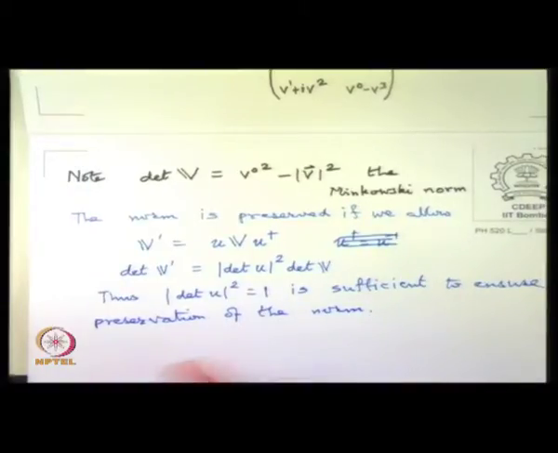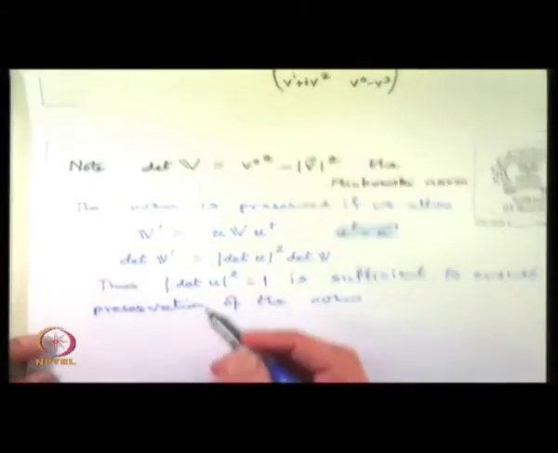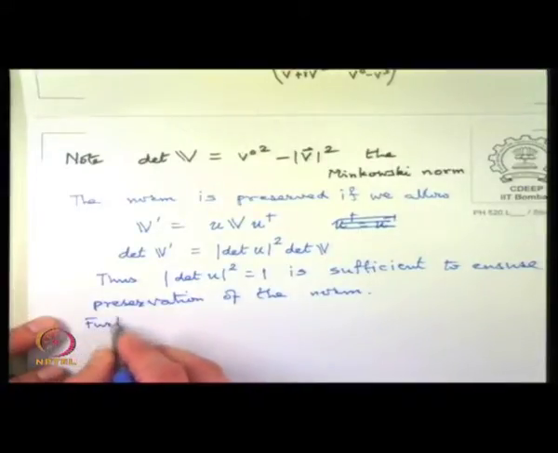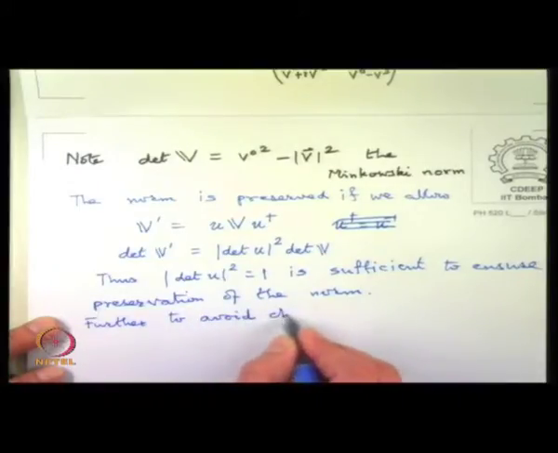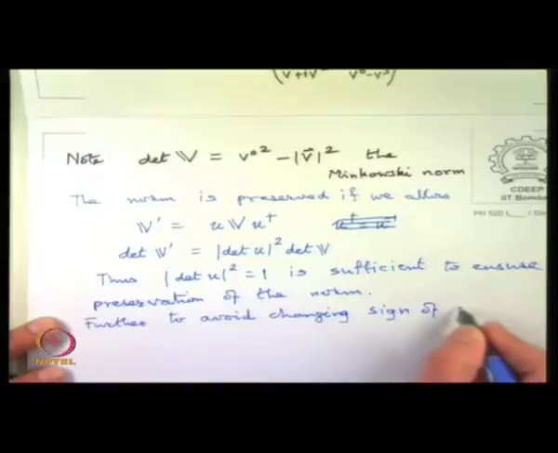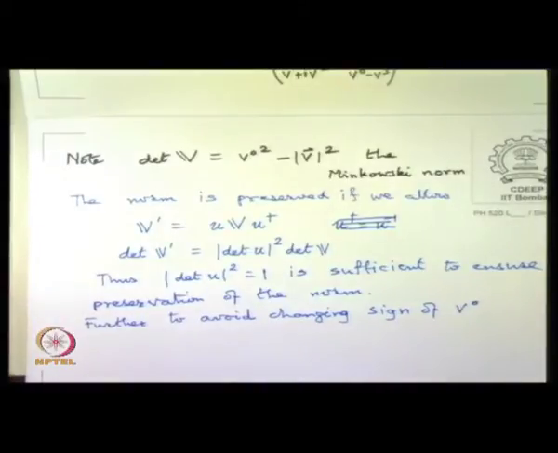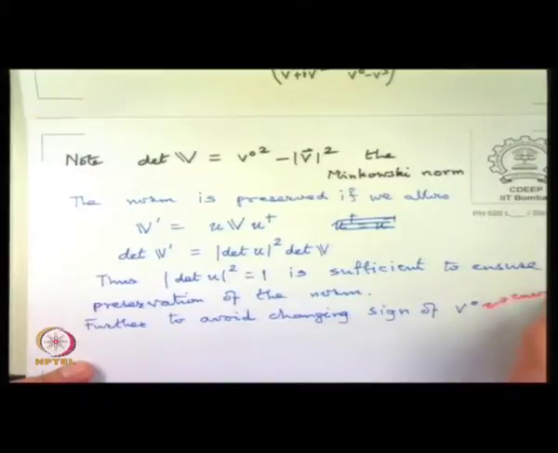But further, to avoid changing the sign of V0 and so on, V0, the zeroth component in 4-vectors, is important because it is usually either the energy or the time or something, so you don't want to change its sign. So you require determinant u to be plus 1.